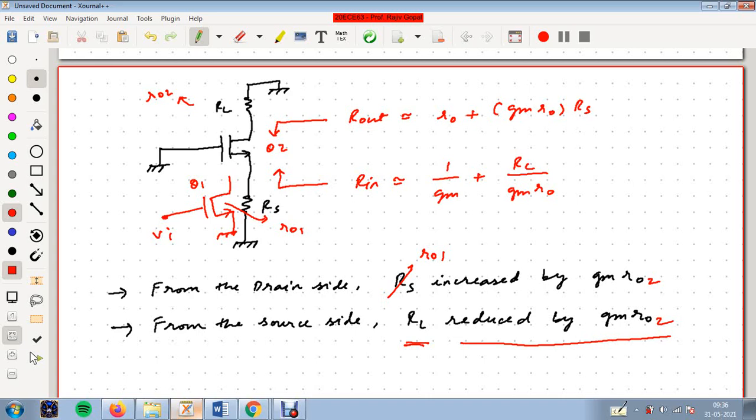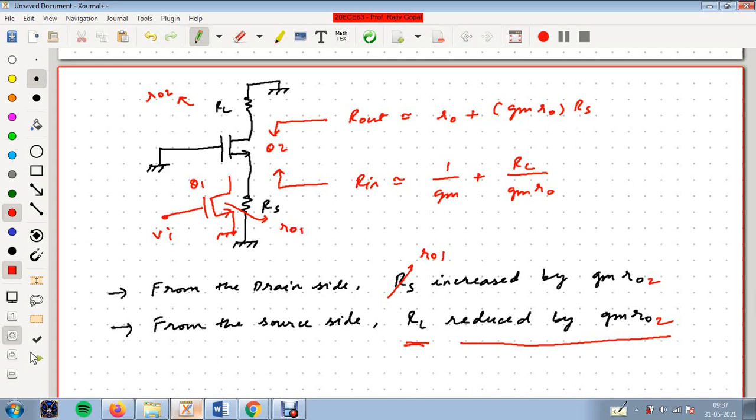This actually is more evident as we further analyze our cascade amplifier. I hope it is clear why we need to use a common gate transistor in conjunction with a common source amplifier, so that my bandwidth will increase and my gain will also improve.